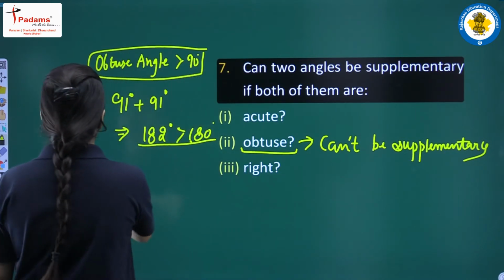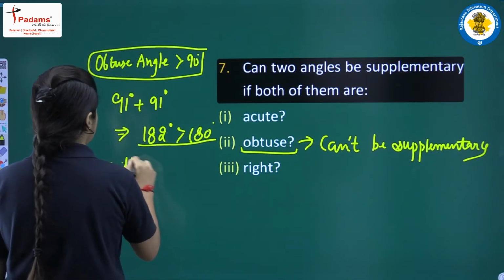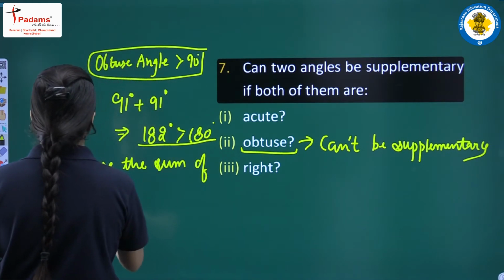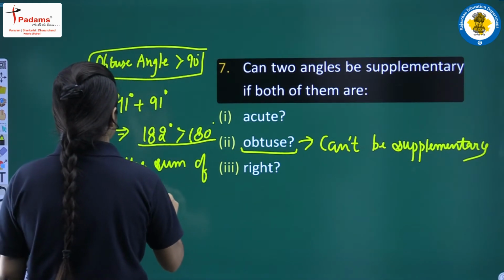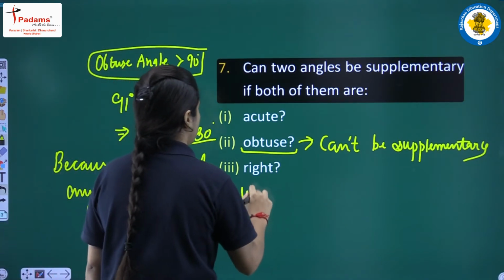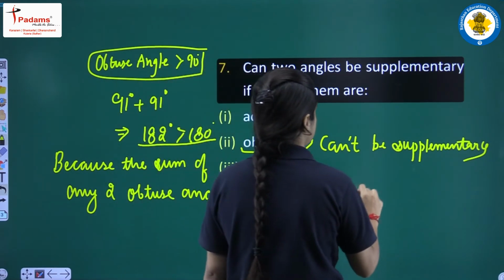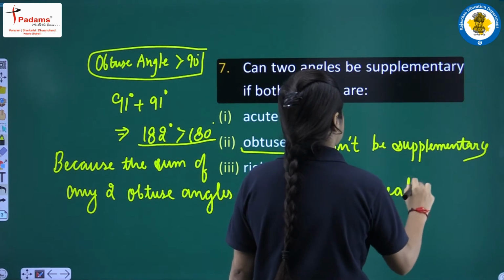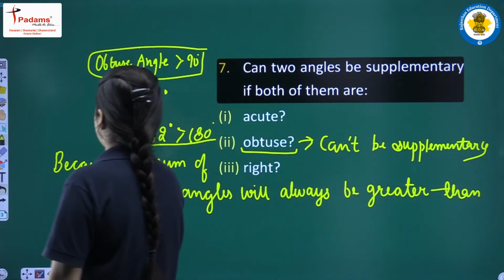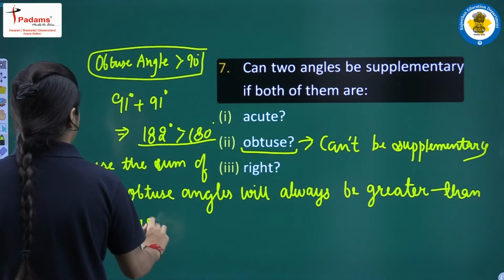Write it down, students. Because the sum of any two obtuse angles will always be greater than 180 degrees.